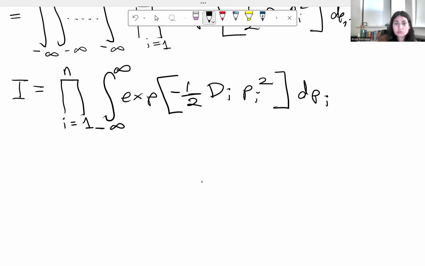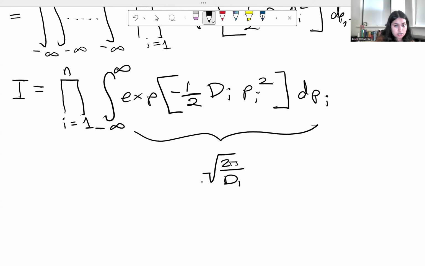We literally know what this univariate Gaussian integral is. It's going to be equal to the square root of 2 pi over di, because we just had an a instead of this di.